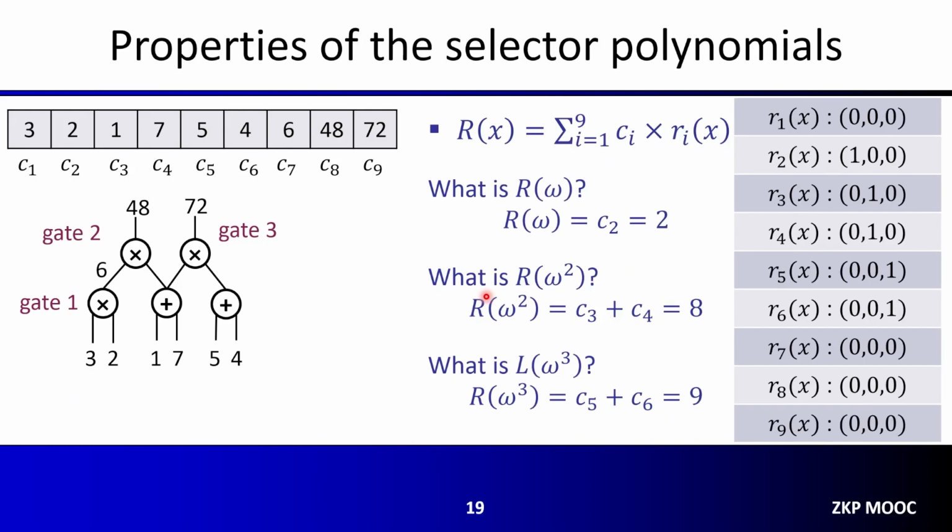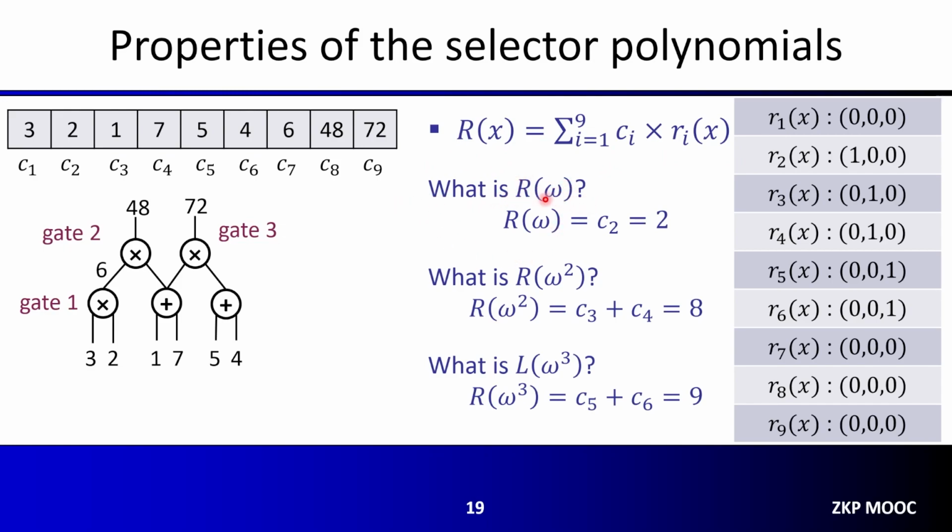After that, we can define a capital Rx in a similar way as the capital Lx. And we are summing up Ci times Rix for i equals 1 all the way to 9. And once we do that, we can actually evaluate this capital Rx at different powers of the root of unity.